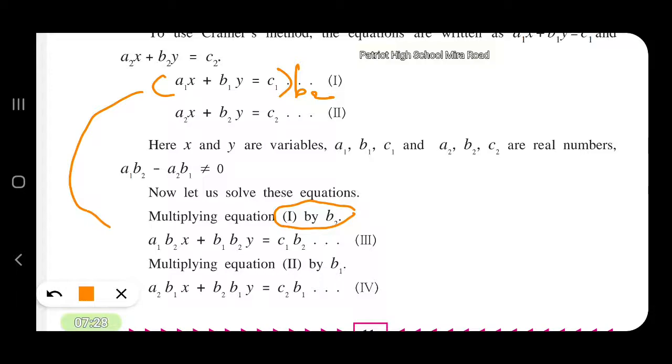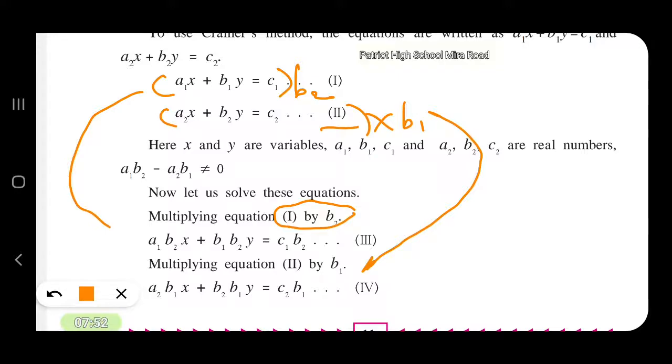Similarly, multiplying equation 2 by b1, the product is going to be a2 b1 x plus b2 b1 y is equal to c2 b1.